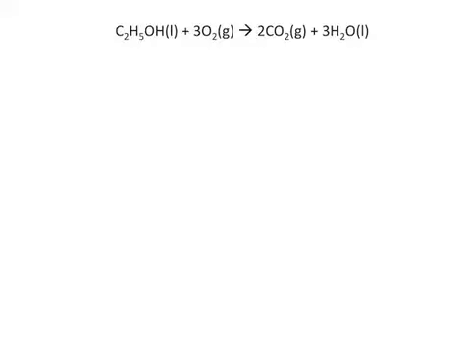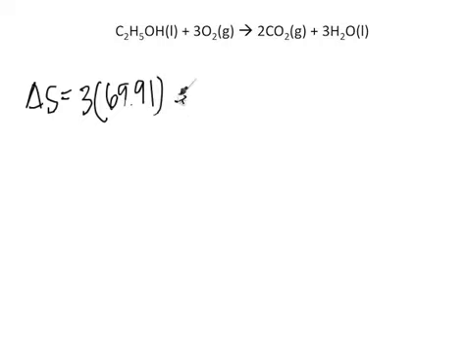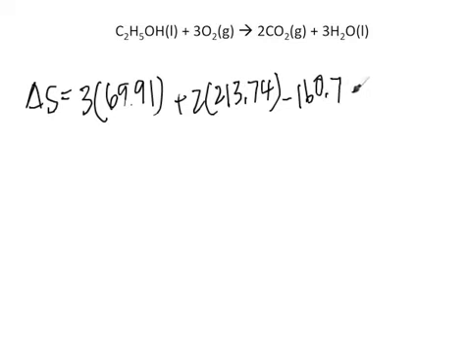So now let's calculate the delta S. Delta S is equal to 3 times 69.91, so that's water, and then we have 213 for carbon dioxide, minus 160 for the ethanol, and then minus 3 times 205.14.